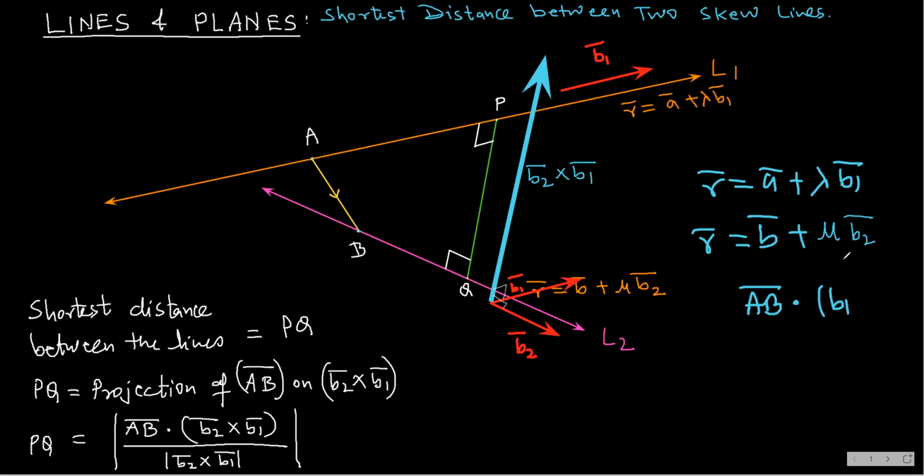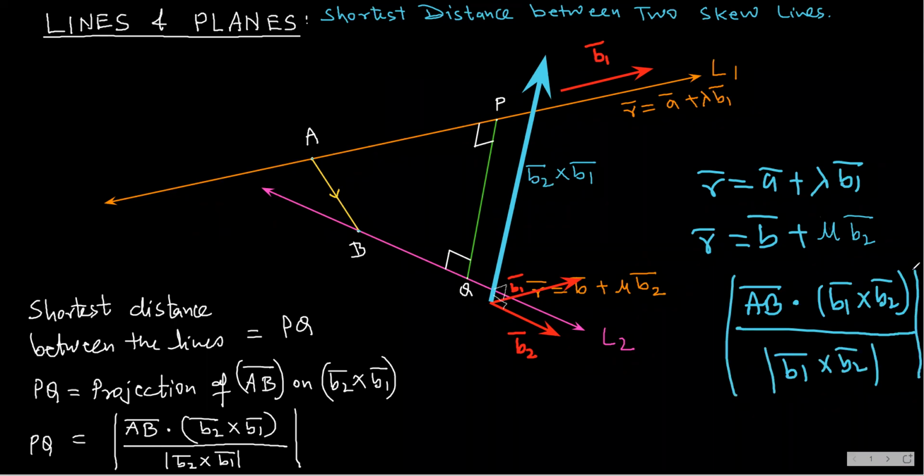You write whichever way you want, B1 bar cross B2 bar or B2 bar cross B1 bar, that is okay. Upon the magnitude of B1 bar cross B2 bar, and then the complete expression in mod, because it has to be positive. The distance is always positive. I hope you understood.